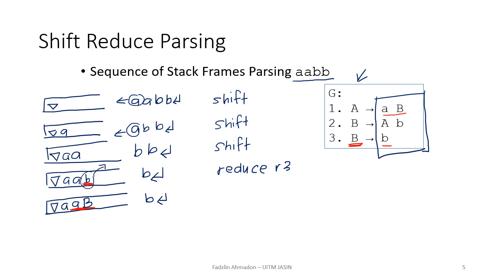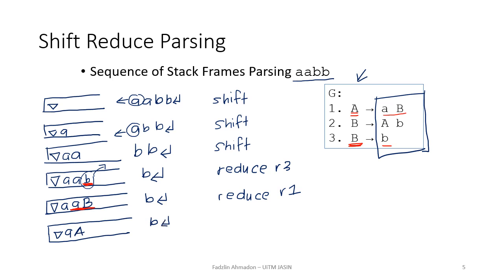So let's write it here, reduced using rule 1, and once we have taken out the symbols on top of our stack, we will replace it with the symbol on the left hand side of our grammar, and that symbol for rule 1 is A. So I'm going to put A here, and we still maintain the current input of B and marker.